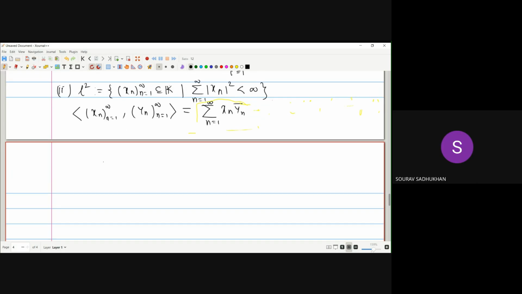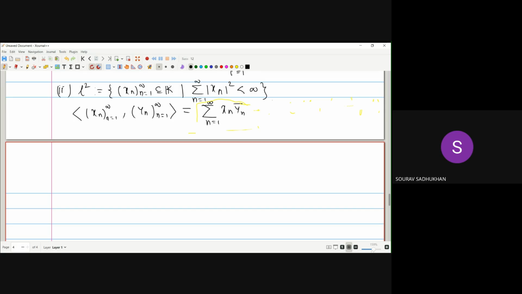Mod of xn into yn bar equals mod xn times mod yn, which is equal to 2 times mod xn into mod yn by 2, which is less than or equal to mod xn whole square plus mod yn whole square, by applying the AM-GM inequality.